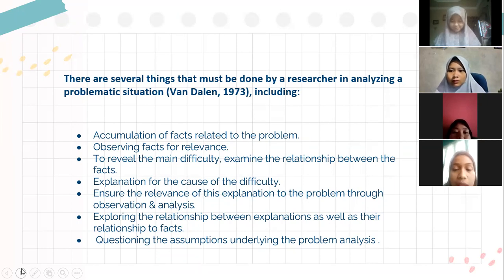This is according to Van der Laan, 1973, including accumulation of facts related to the problem, observing facts of relevance to the main difficulty, examining the relationship between the facts, explanation for the cause of the difficulty, ensuring the relevance of this explanation to the problem through observation and analysis, exploring the relationship between explanations as well as their relationship to the facts, and questioning the assumptions underlying the problem analysis. The next slide, please.